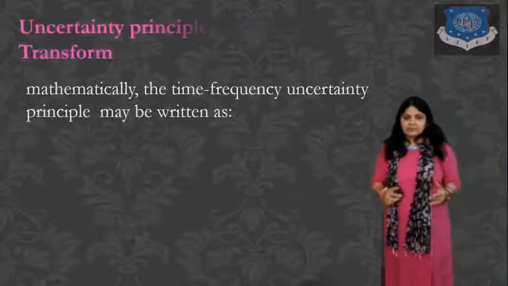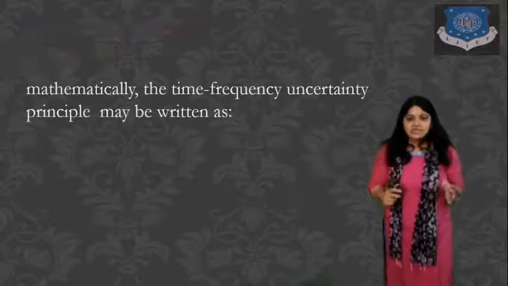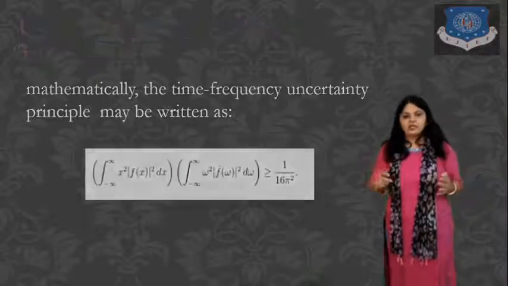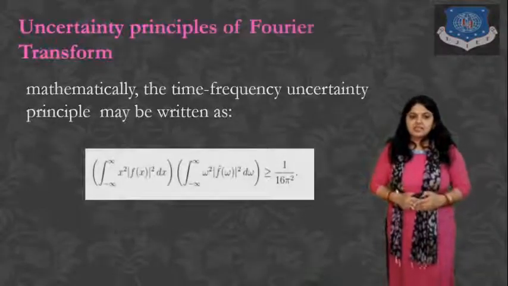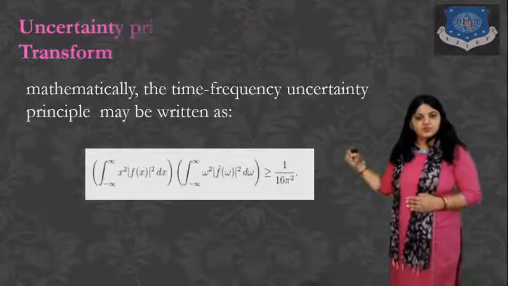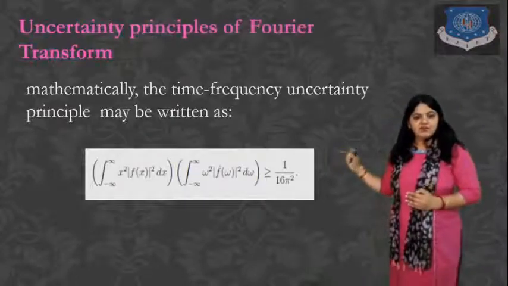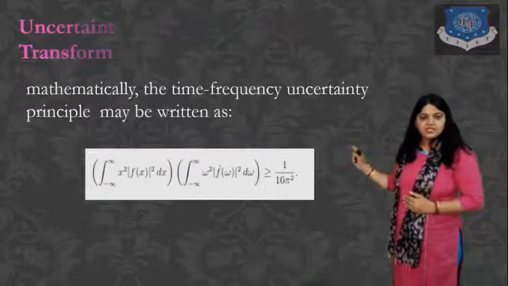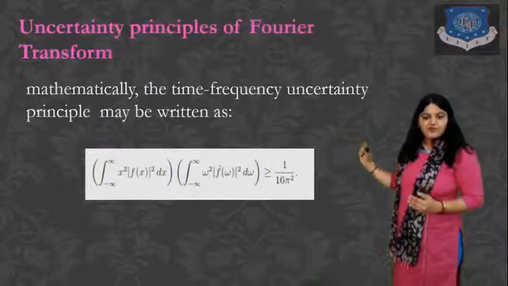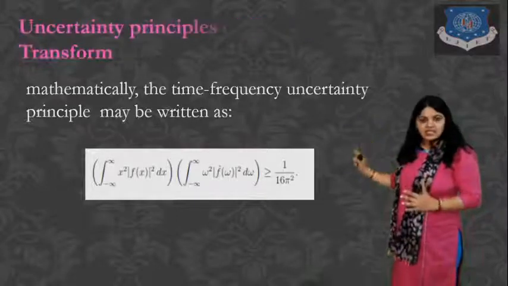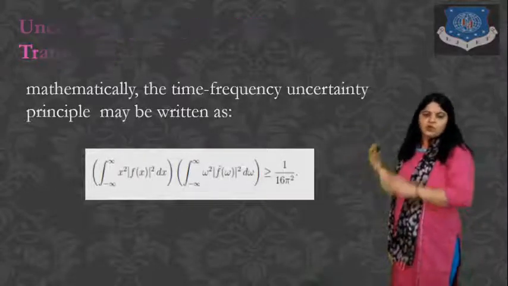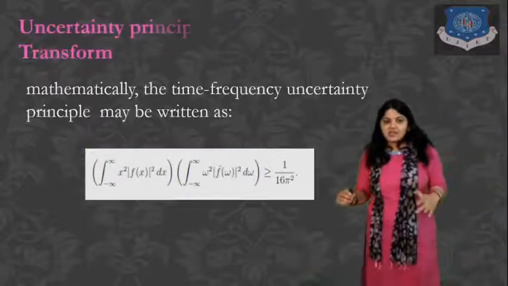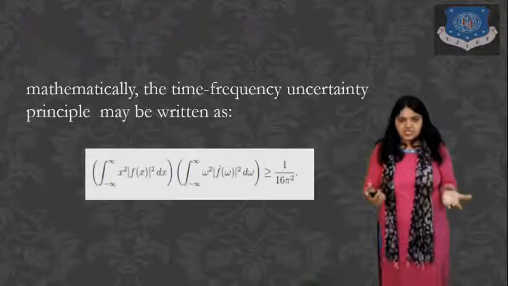So mathematically, the time frequency uncertainty principle can be written by the following equation. Integration from minus infinity to infinity of x square f(x) square dx, times integration from minus infinity to infinity of omega square f(omega) square d omega, should be greater than or equal to 1 upon 16 pi square, where x, f(x) are the squared functions.